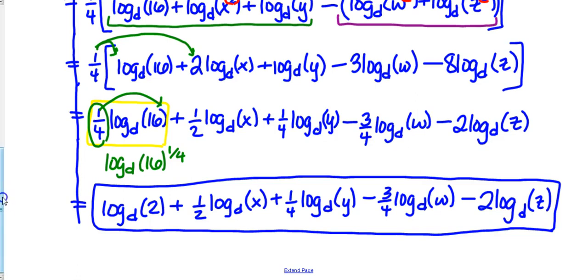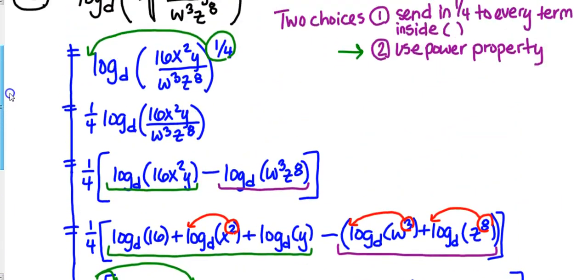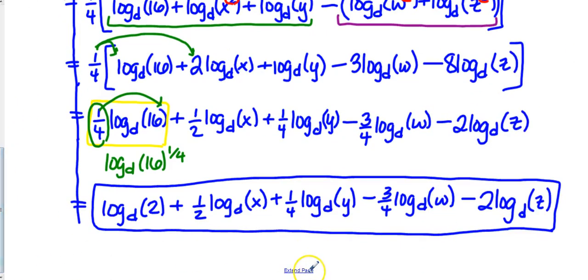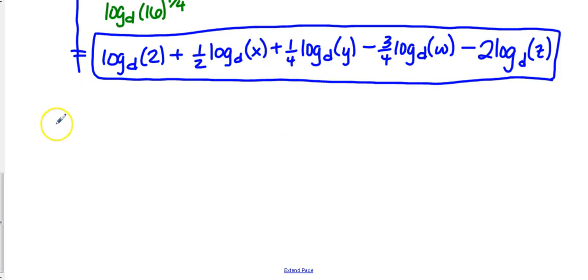Those of you looking for a little challenge, remember that this was option 2 using the power property. So let me reset the question. Coming way back to this original.